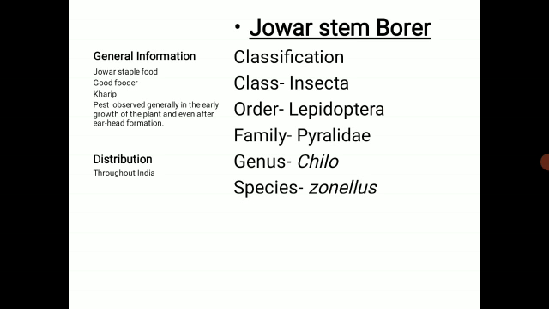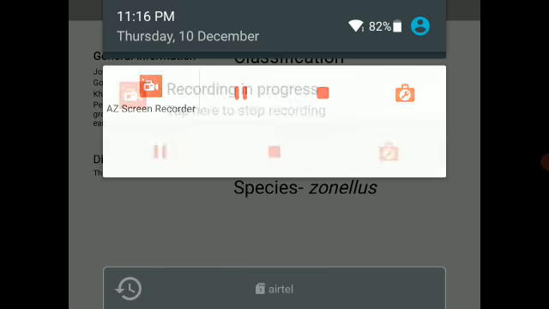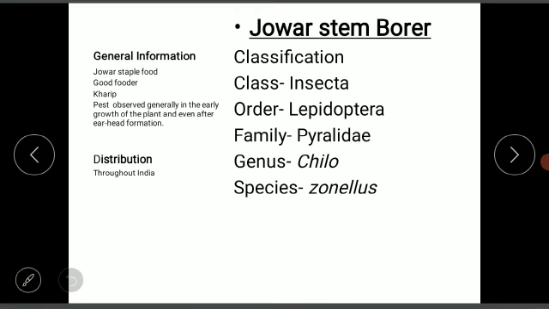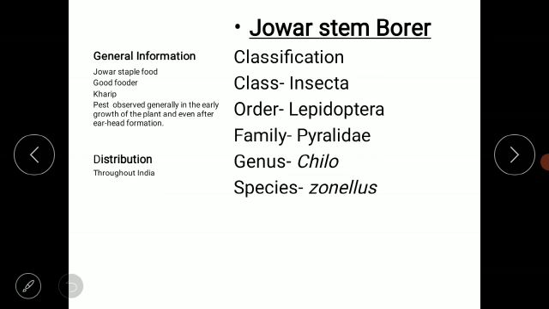If you consider the Jawar stem borer and classify the pest, it is from class Insecta, order Lepidoptera, family Pyralidae, genus Chilo, and species Zonellus. So Chilo zonellus is the scientific name of the Jawar stem borer.